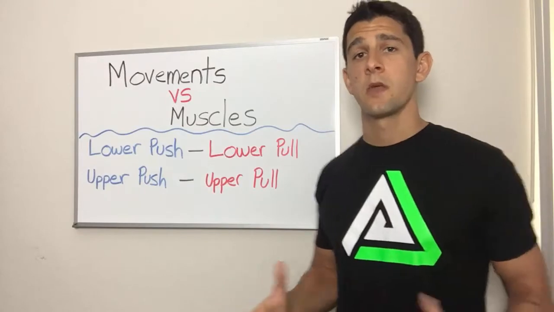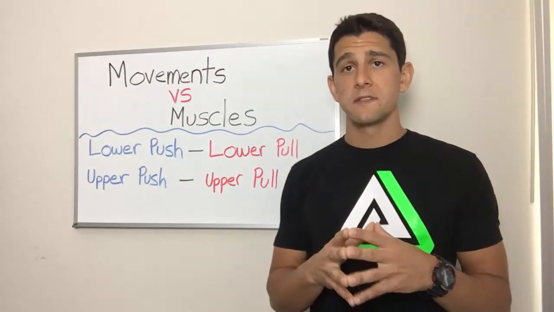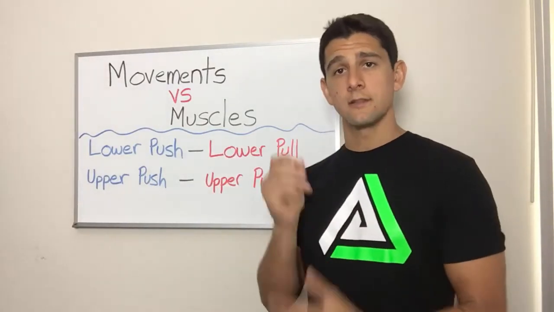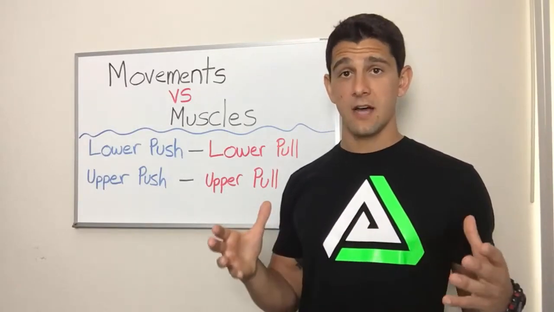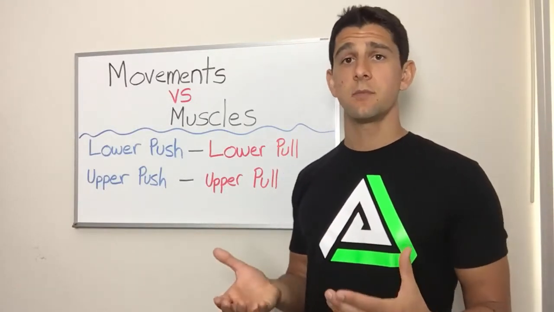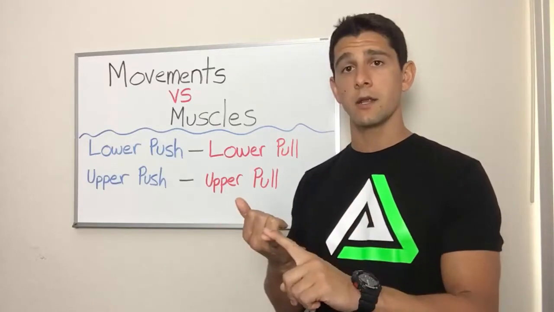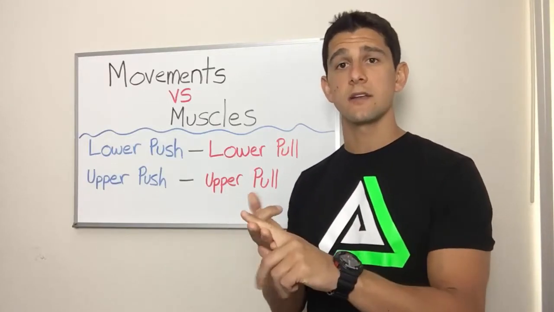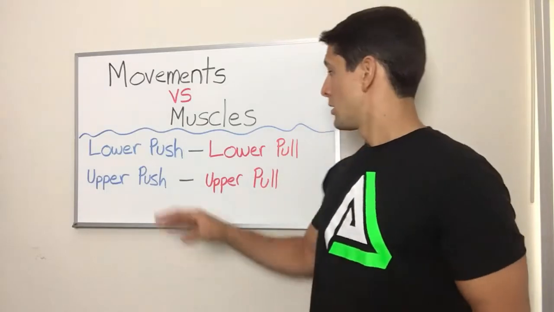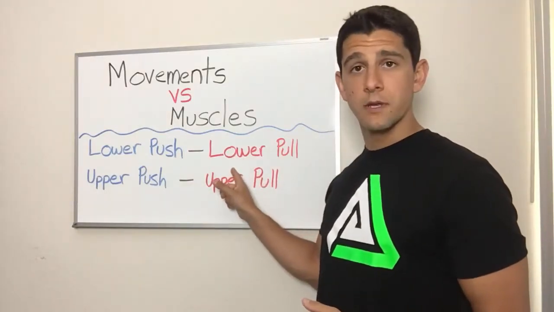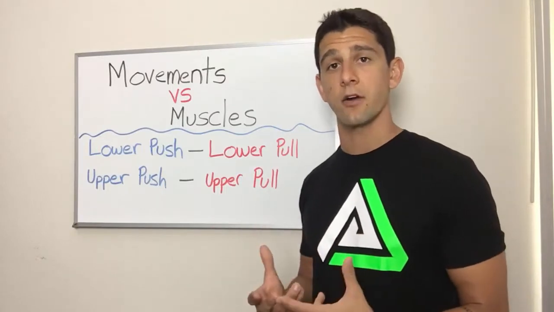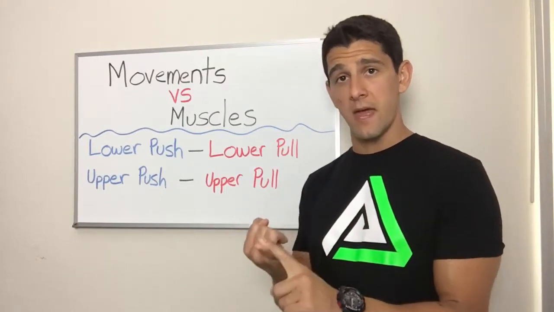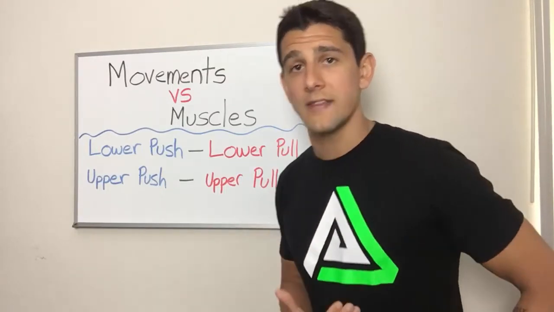Very simple. The way to think about these movements is if I'm focusing on a lower push movement, these are sometimes also called knee dominant exercises. So this is going to be anything that falls into your squat, lunge, split squat type of pattern. A lower pull movement is going to be anything that falls into a hip hinge type of pattern. So we're getting minimal knee bend and we're bending only at the hips.